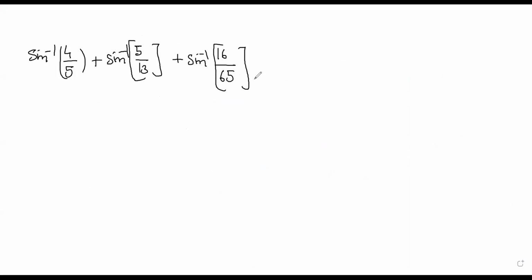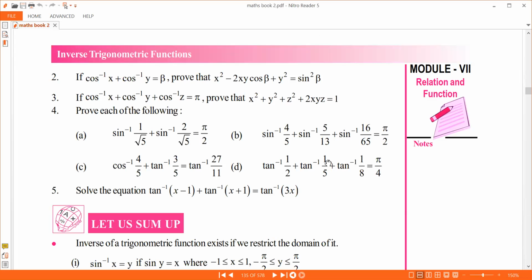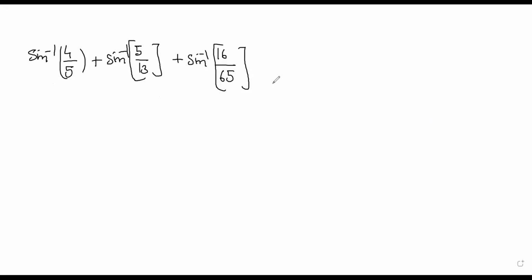That we had to show is pi by 2. So let me check one more time. I think this is the one: 4 by 5, 5 by 13, 16 by 65. Okay, fine. So how to deal with this?